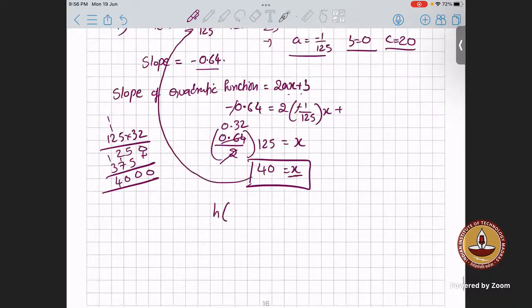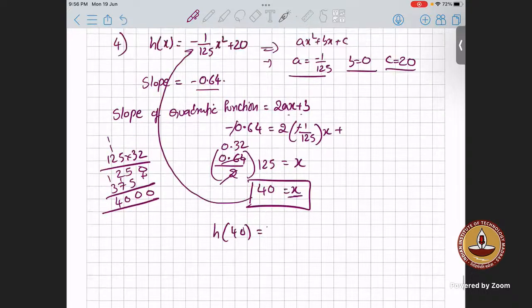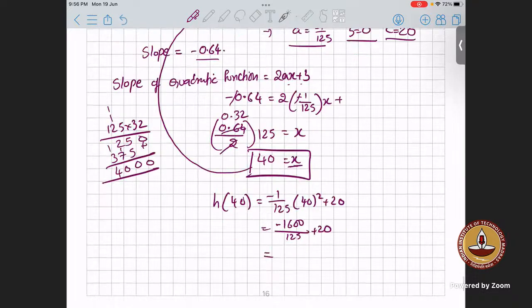H of 40 is equal to minus 1 by 125 into 40 square plus 20, which is minus 1600 divided by 125 plus 20. That is minus 12.8 plus 20, which is 7.2.